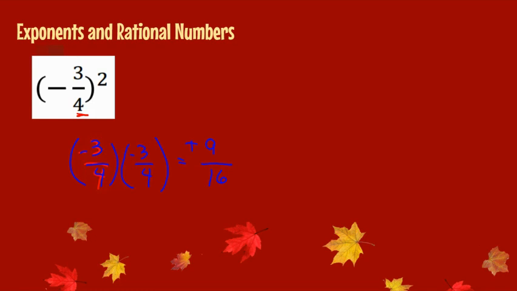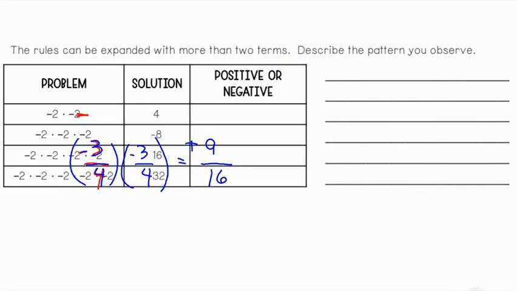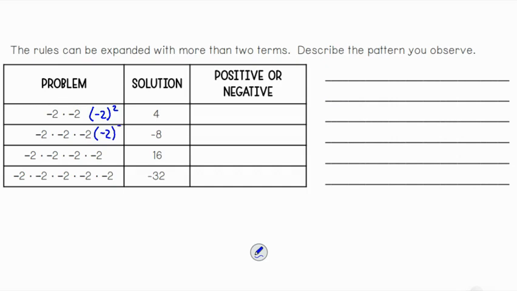So here's our challenge. Think about if we have negative 2 raised to the power of 2. Is the outcome going to be positive or negative? If we have negative 2 raised to the power of 3, is the outcome going to be negative or positive?